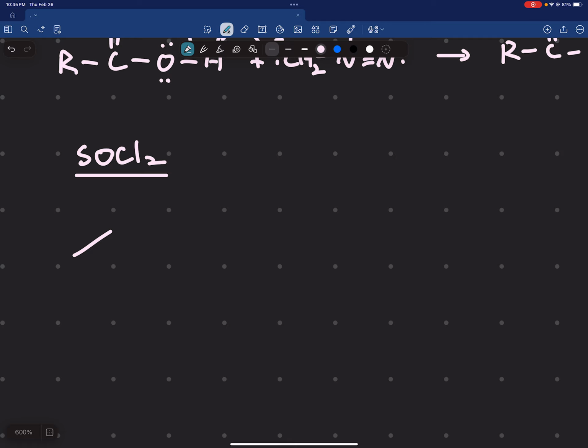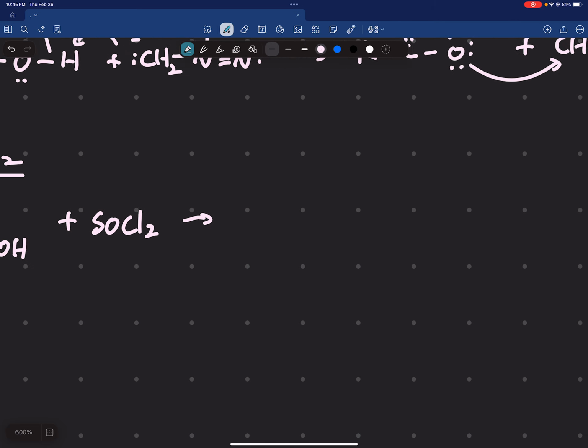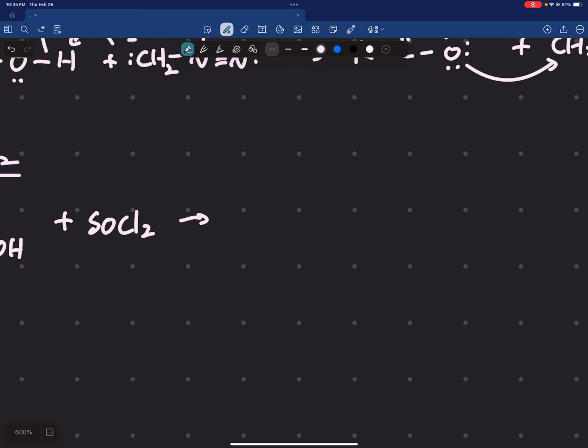So let's say we have our acetic acid, ethanoic acid, whatever you want to call this. If we treat this with thionyl chloride, it is going to give us our ethanoyl chloride.